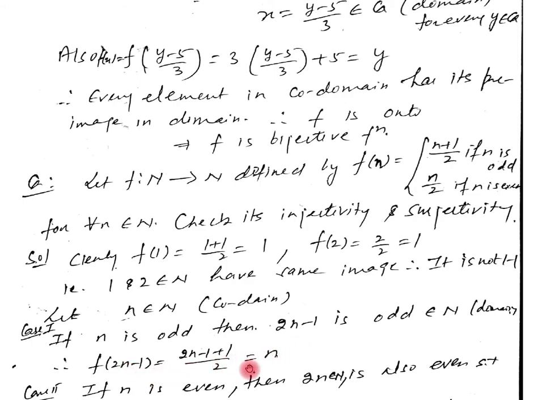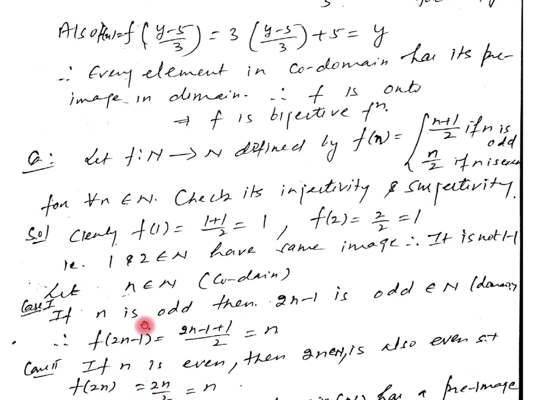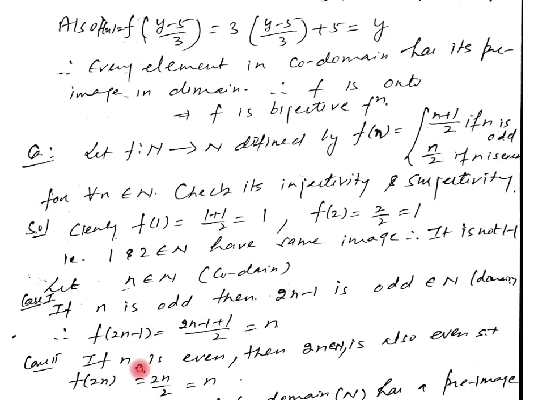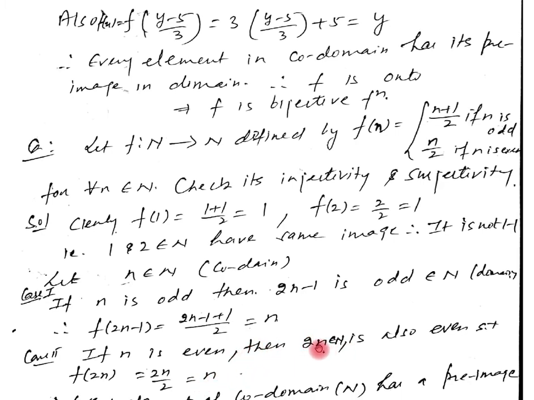So in the first case, it is onto. Let us take the second case, because n may be odd, n may be even. If n is an even number, then 2n is also even. Such n, either the number is even or the number is odd, belongs to the domain.